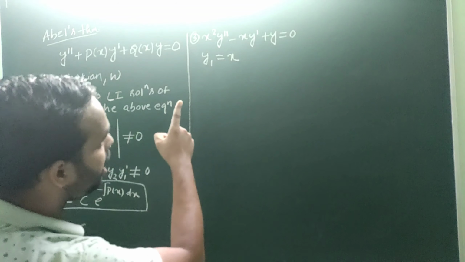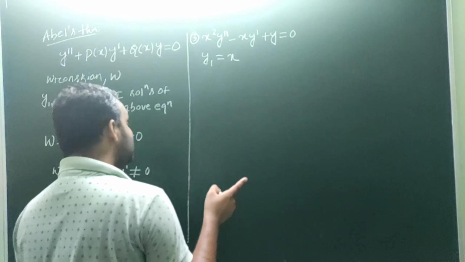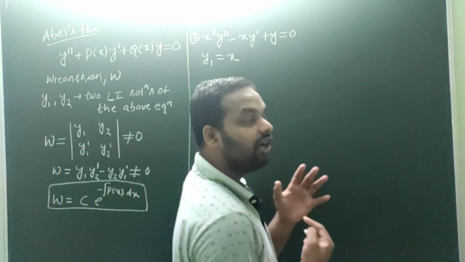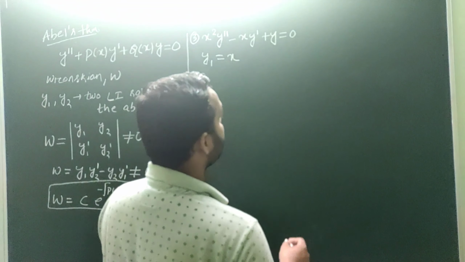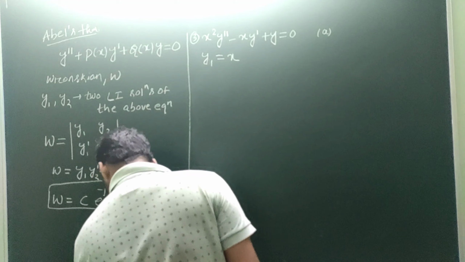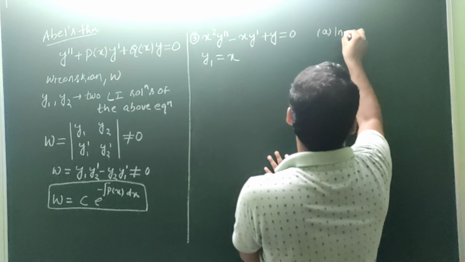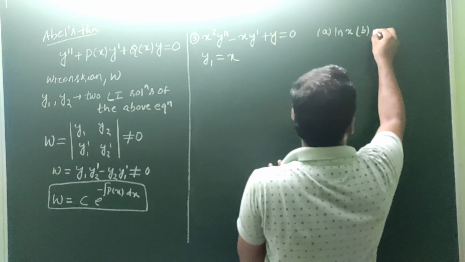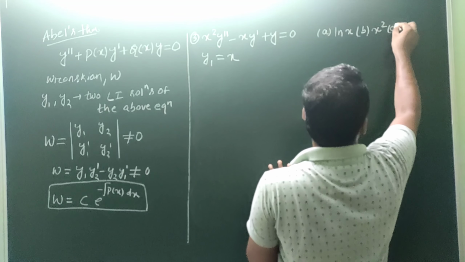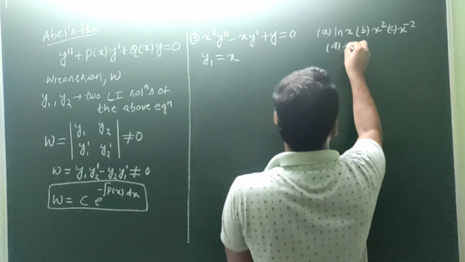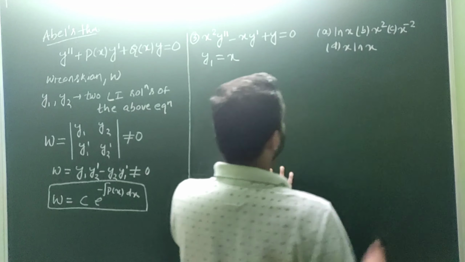He is asking what will be the second linear independent solution. The options are log x, then x square, third one is x to the power minus 2, and fourth one is x log x.